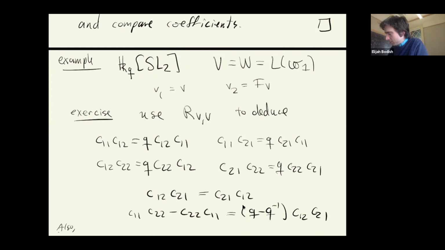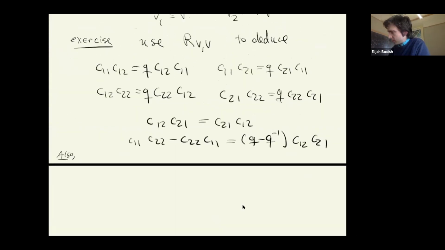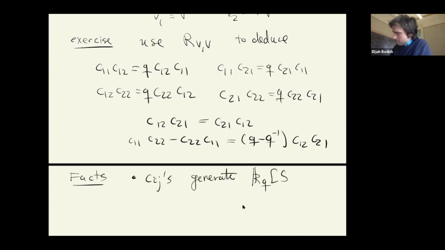So that's the exercise, to derive those relations. And then let me just finish by stating two facts. One is the C_ij's generate this ring as an algebra because, as I mentioned above, taking direct summands and tensor products plays well with matrix coefficients.